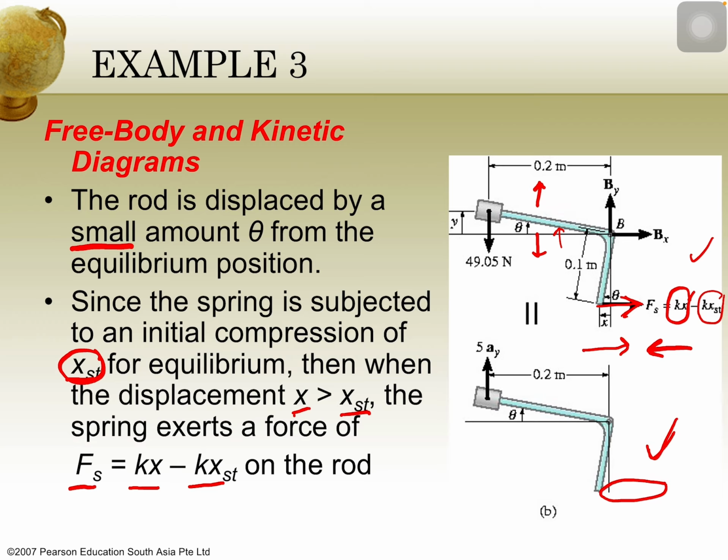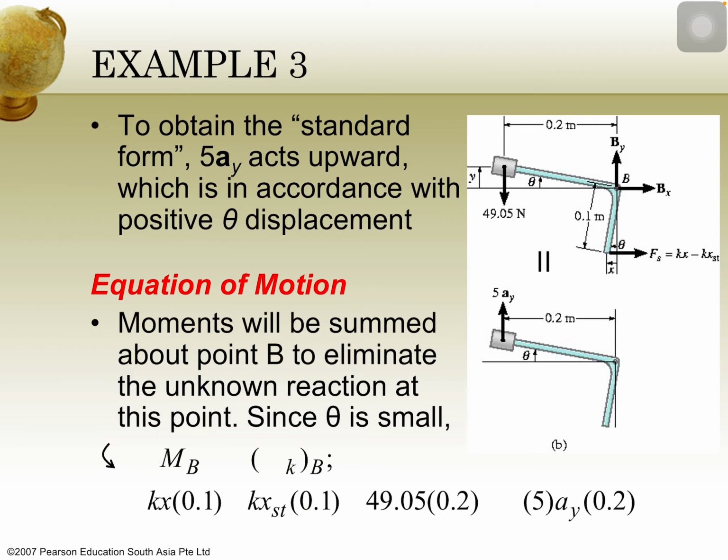And in the kinetic diagram right here, we just need to calculate the mass times the acceleration of the mass. In this case, we use acceleration a_y. Maybe after this we will change it into theta. Why 5? Because 5 is the weight of the mass.